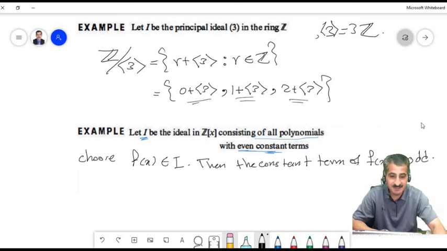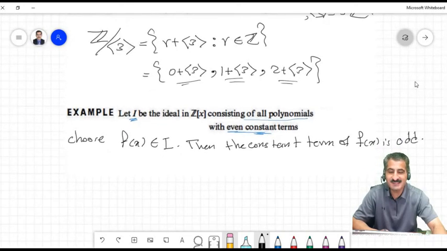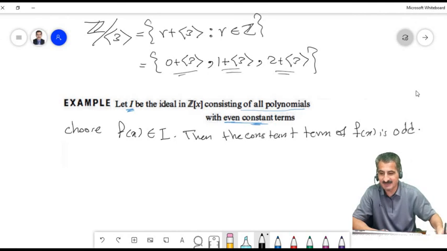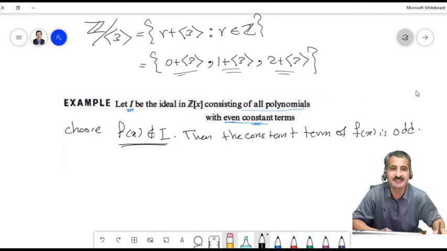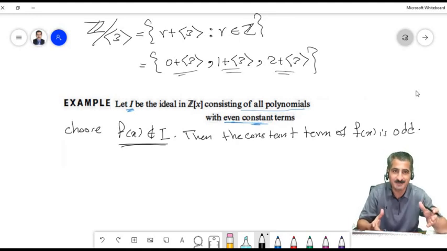Now, this applies for any element that is not in I.